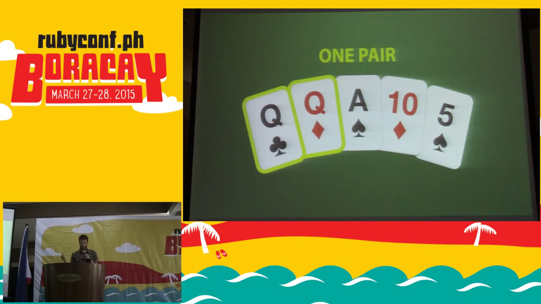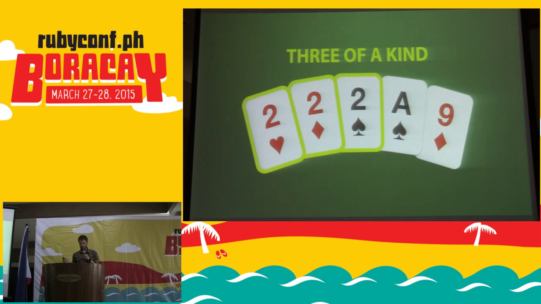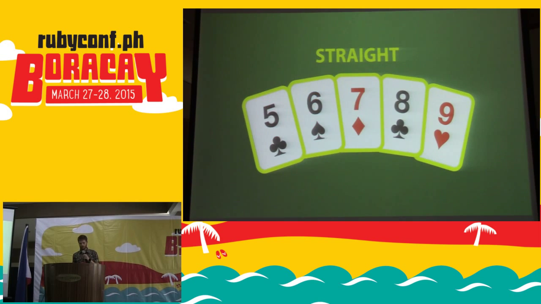One pair, which is just 2 cards of the same rank, and again, in case of a tie, if 2 players have the same pair, the next cards of descending rank are what determines the value. 2 pairs, 3 of a kind, straight, which is all 5 cards in ascending order. The value here is determined by the highest card in your straight. So a straight from 4 to 8 would be weaker than a straight from 5 to 9.